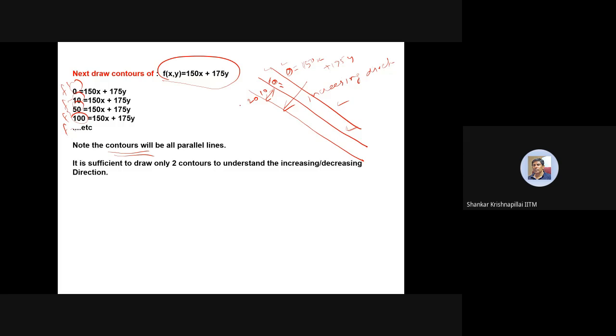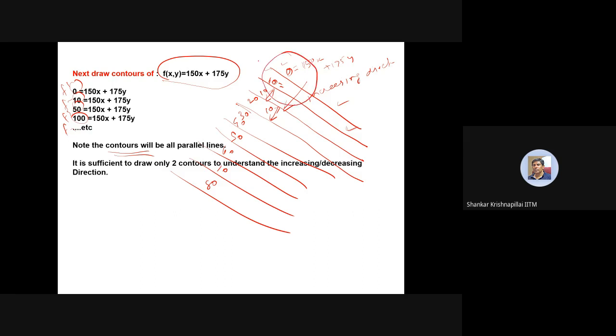Then with a set square we can draw another parallel line again with a 10 gap. Then this contour is 30. So by drawing successive parallel lines you can draw the successive slices of the objective function: 60, 70, 80, etc. To draw the contours of a linear objective function, you need only draw two straight lines first, and the remaining can be drawn with set squares or with a ruler.